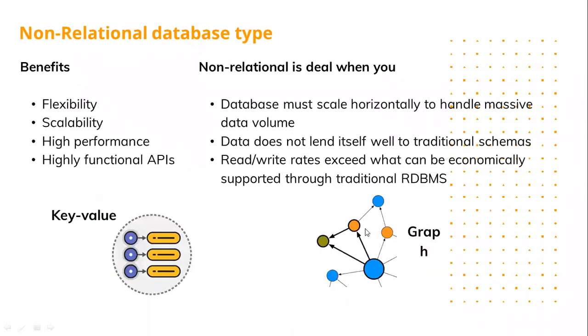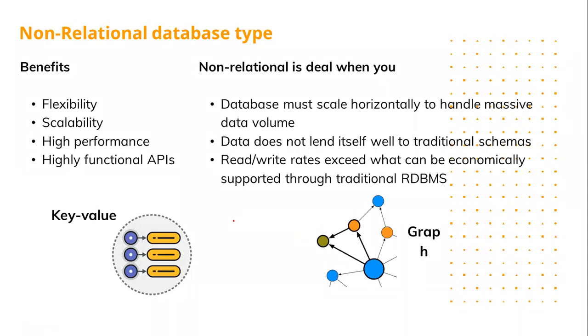Non-relational database type benefits are flexibility, scalability, high performance, and highly functional APIs. It basically stores data as key-value or in graph form. These non-relational databases are ideal where the database must scale horizontally to handle massive data volume.